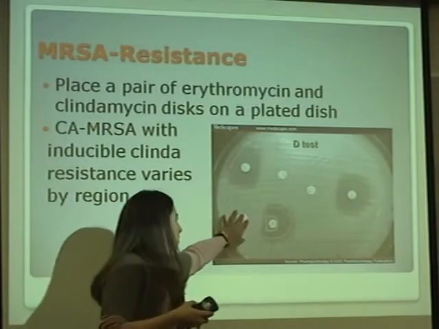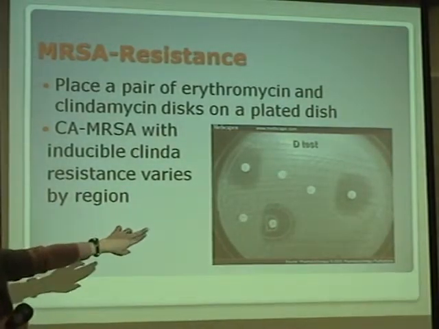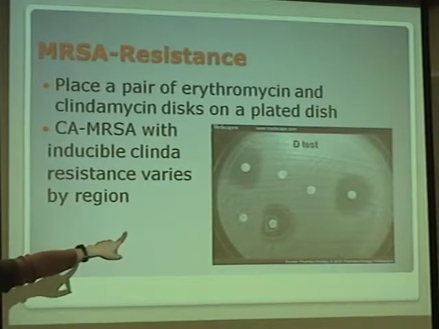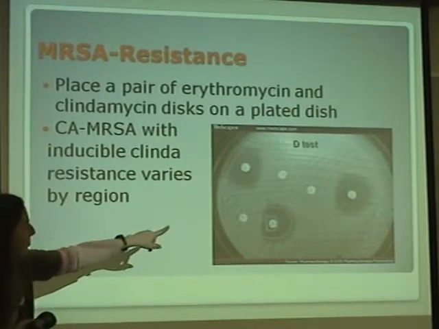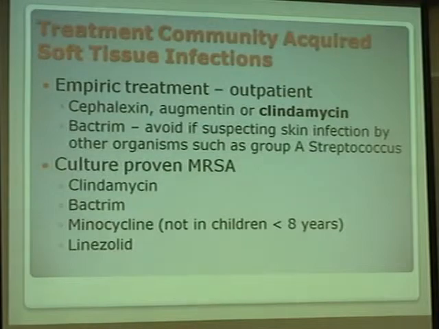So this is your erythromycin and this is your clinda. And around the clinda you can see that it looked like it was killing the organism, except not as much where that erythromycin disc is. And that's because those bacteria are becoming resistant to clinda in the face of the erythromycin.